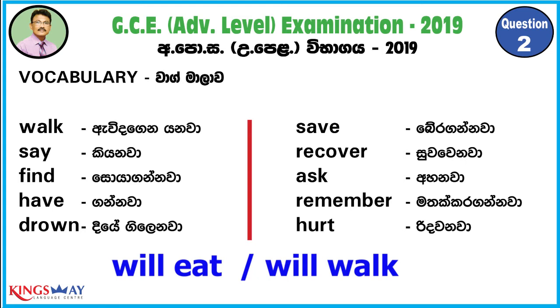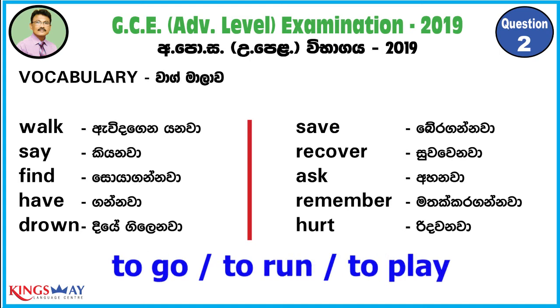Will eat, will walk, will go. Then the infinitive form with to: to go, to run, to play. So there are a number of different verb forms depending on tense, number and the type of the sentence.